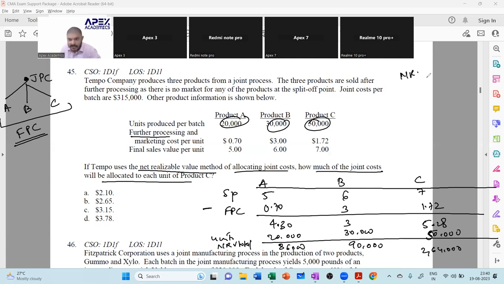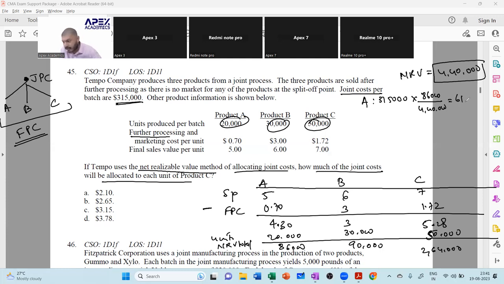So NRV is equal to a total of 4,40,000. If I was to go at A, I am using NRV. What is the joint cost? 3,15,000. In what ratio? 86 is to 90 is to 264. 3,15,000 into 86,000 divided by 4,40,000.